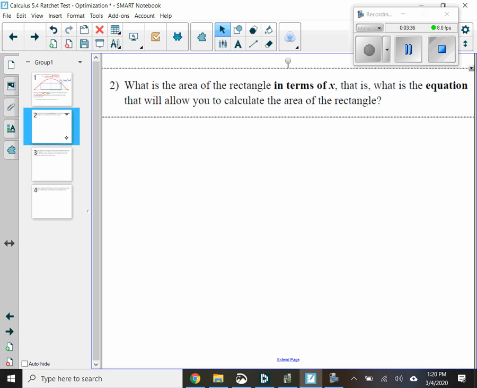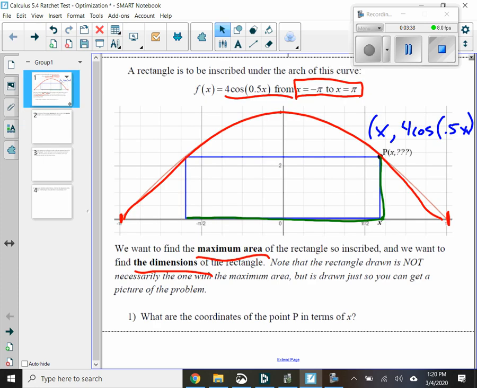Well, area equals base, here's my base, times my height. What's my base? My base is 2x, right? Because I've got to go from here to there, and there to there, yes?